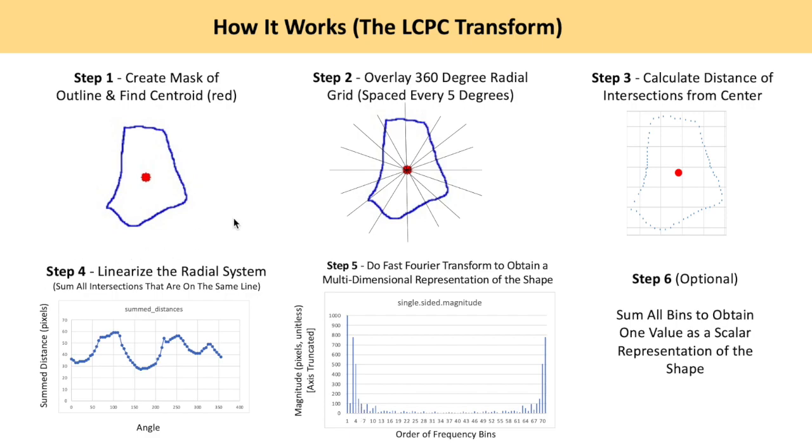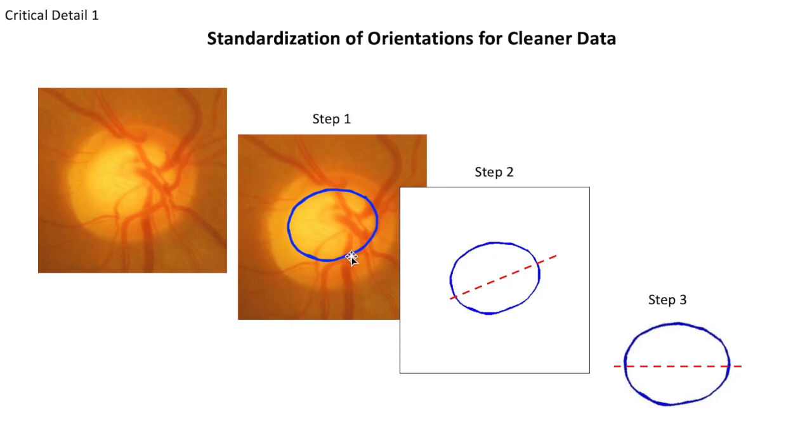Now, there are two important methodological details that I need to point out in terms of how I analyze this optic cup data. First critical detail is that after I extracted the shape of the cup, I found the longest internal length, and I rotated every object such that the longest internal length was horizontal.